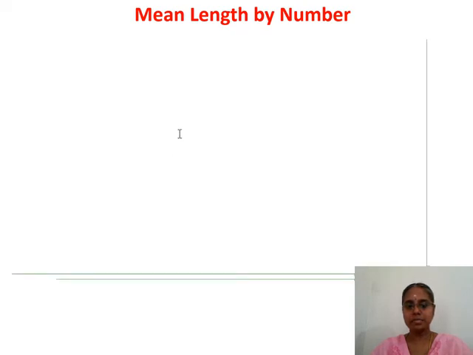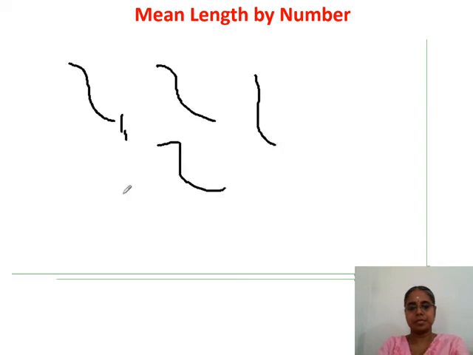Now we'll try to understand what is mean length by number. It is very simple. We have n number of fibers.